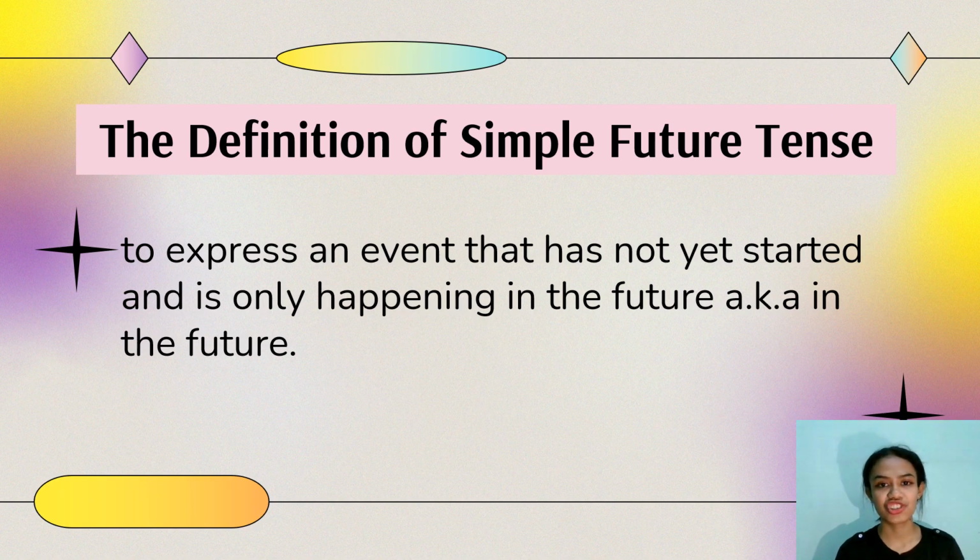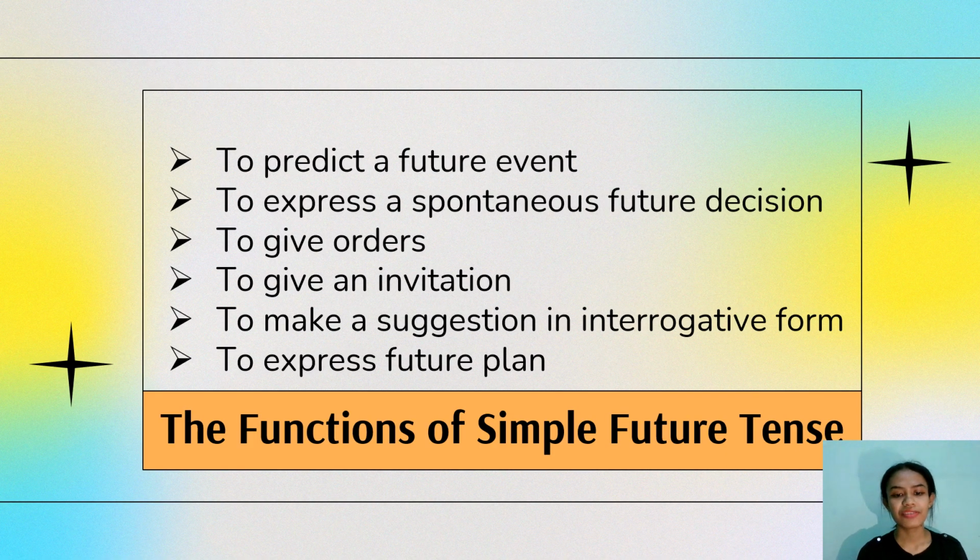Next, the functions of simple future tense. First, to predict a future event, to express spontaneous future decisions, to give orders, to give an invitation, to make a suggestion and interrogative form. Last, to express a future plan.